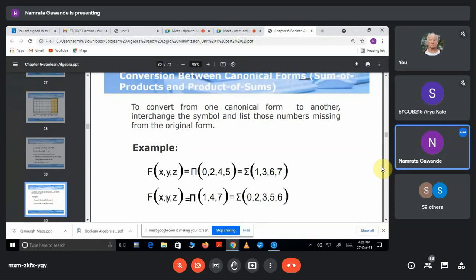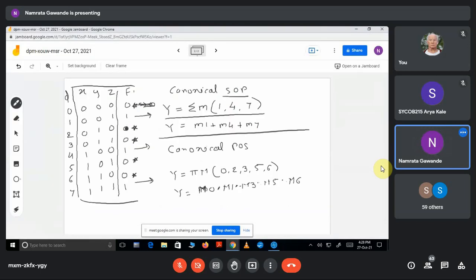Okay. For this same also, see students, just now we have seen this particular example. If these 3 terms are producing the output as a 1, the other terms are producing 0. So if I am getting this particular SOP form, I can directly write the POS form also, right?